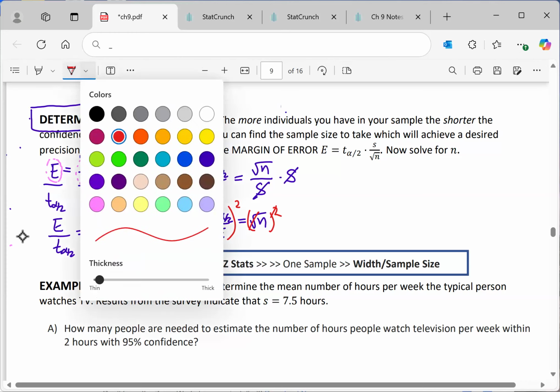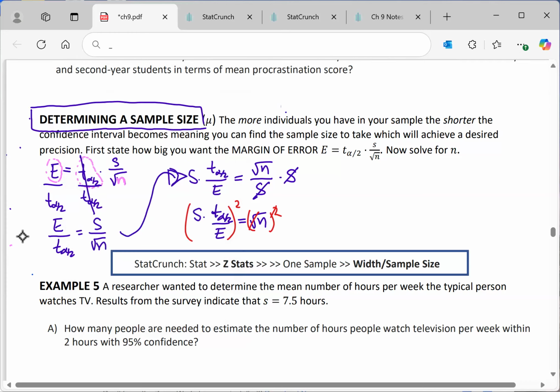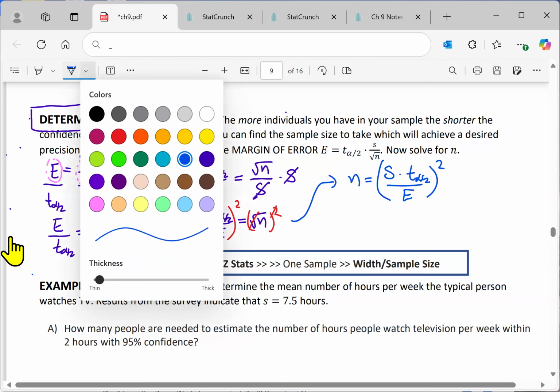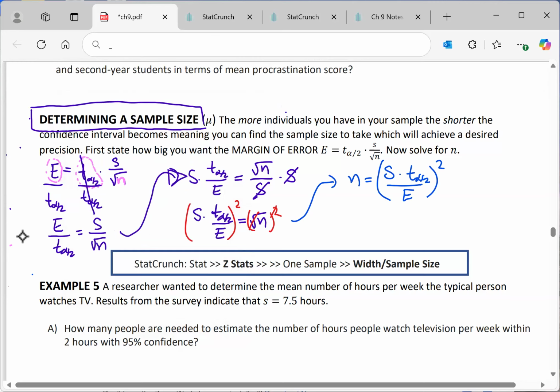And look at what we get. We get a nice formula for N. So this is that N, now that it's isolated on the right, let me write on the left first. And that's equal to S times T alpha over 2 divided by E, squared. So let's just make a note here.